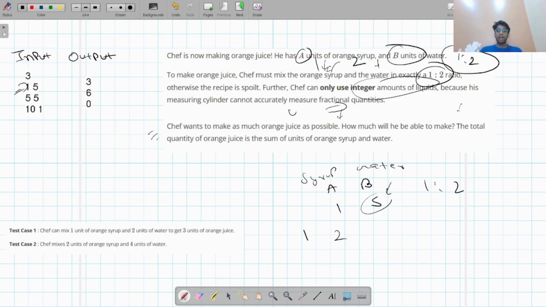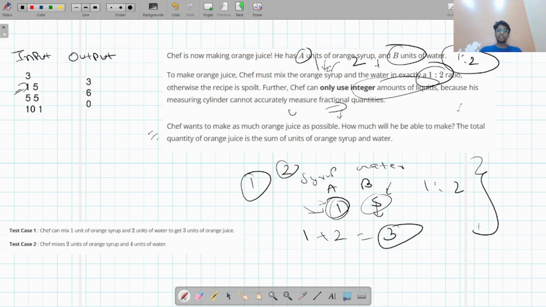If I had taken any other quantity, it wouldn't have worked, right? Because it has only one unit of syrup, double of it would be two, so I can only take two units of water. So the output will be the sum of them, 1 plus 2, which equals 3. Okay guys, so I think the test cases are pretty much clear.